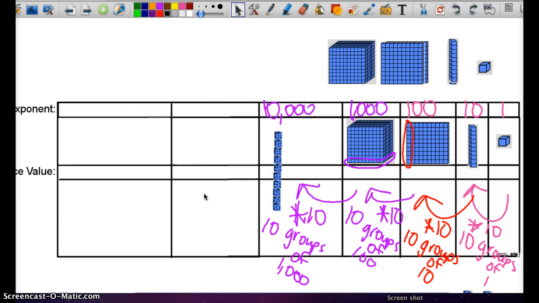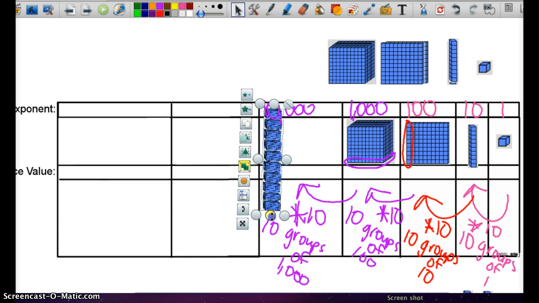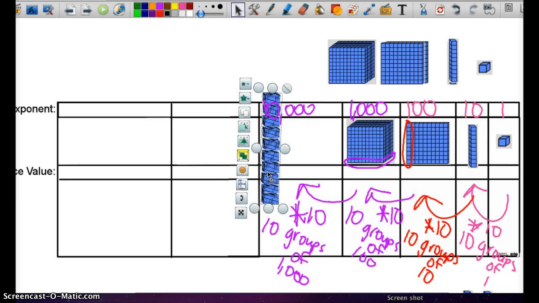A cube, a rod, a flat. A cube, a rod, and we would expect next to have a flat. Let me make this a tiny bit bigger so we can visualize.